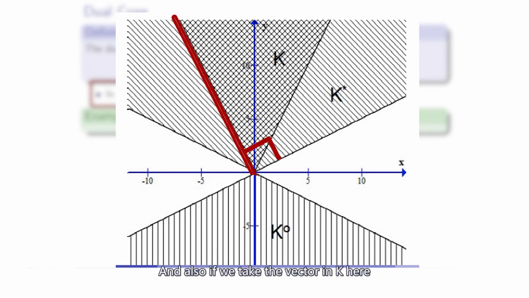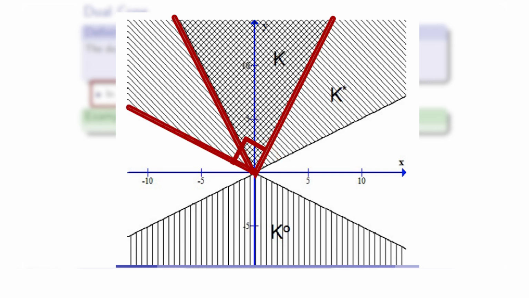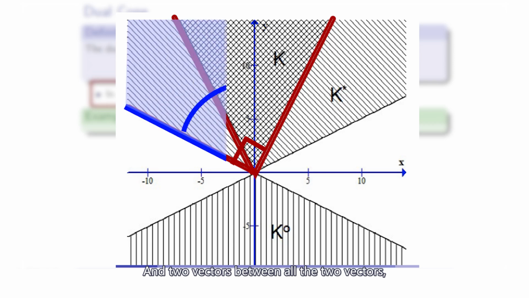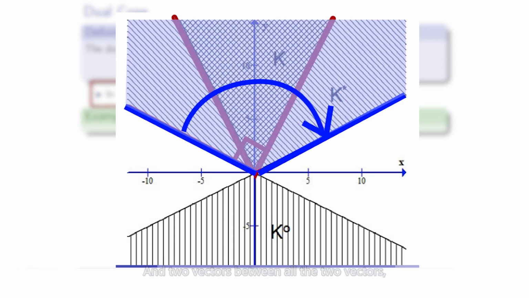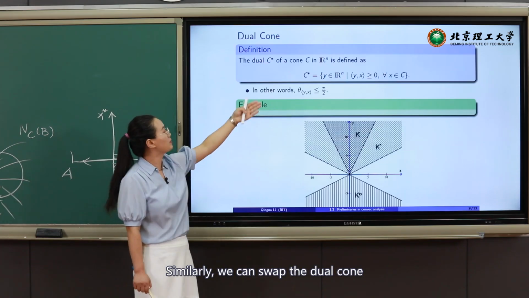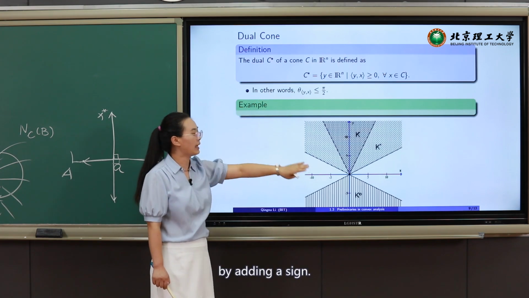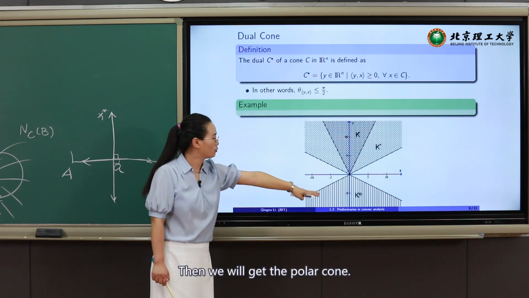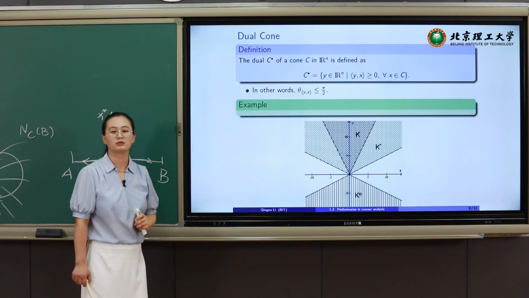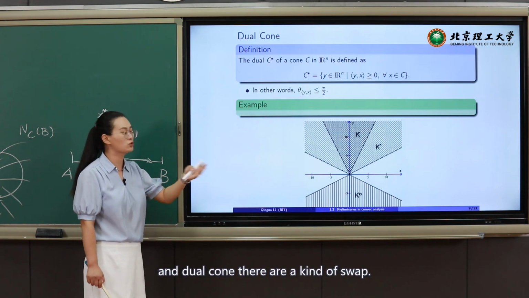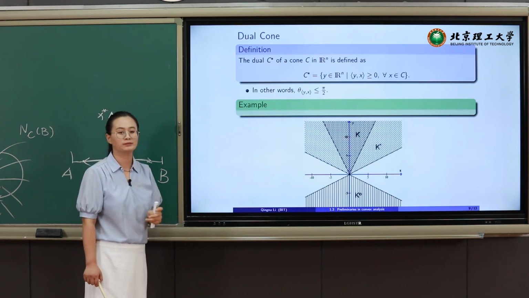Also, if we take the vector in K here, and we take the angle as half pi, then we get a vector there. All the vectors between these two vectors form the dual cone. Similarly, we can swap the dual cone by adding a minus sign, then we will get the polar cone. So the polar cone and dual cone are kind of a swap.